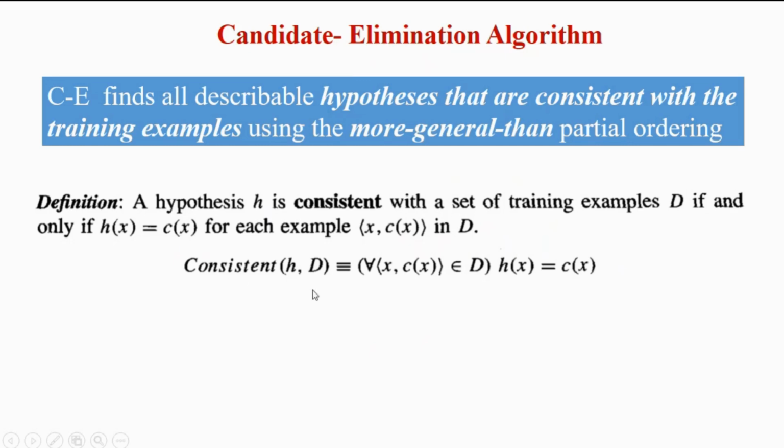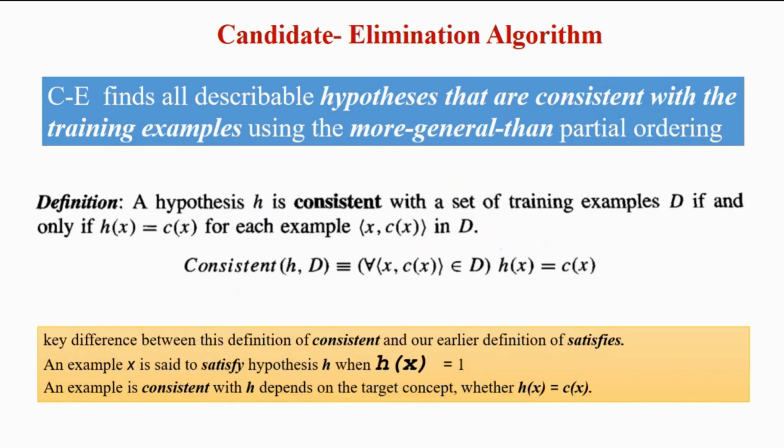That is written as Consistent(h, D) is equivalent to: for all examples x with target concept c(x) in the training sample D, h(x) must equal c(x). This is the definition used for the candidate elimination algorithm.